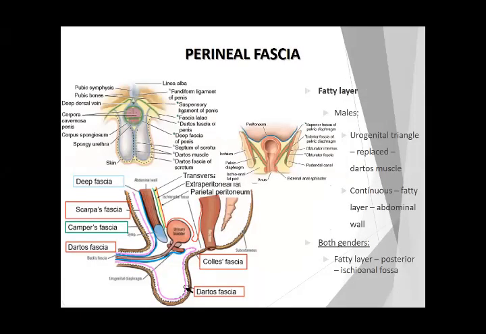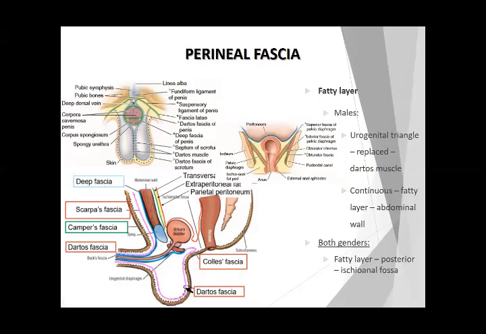What happens in the males? It is a little tricky in the males. In the males, please follow this yellow line. This yellow line, the sawtooth appearance of this yellow line. Okay? Now, in the males, you don't have this fatty layer.